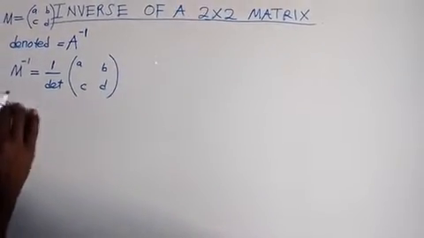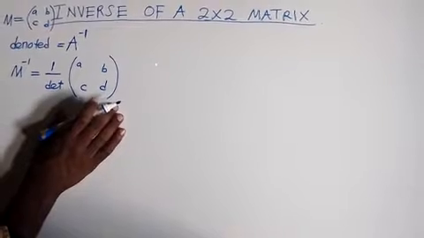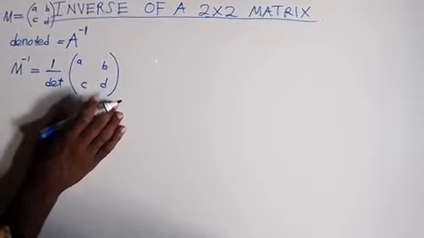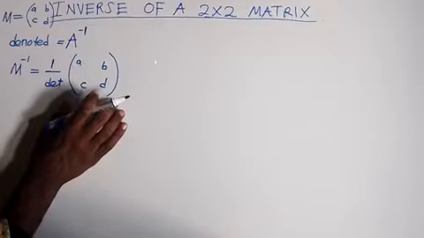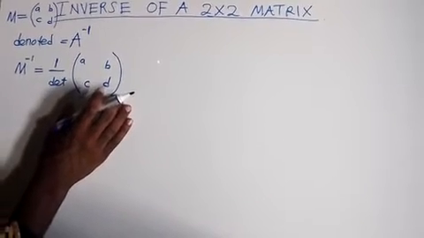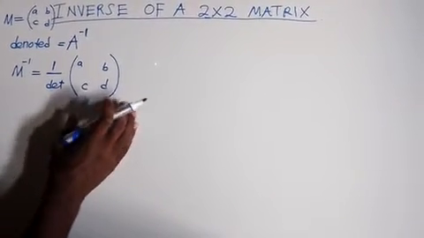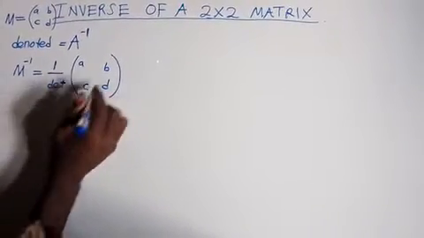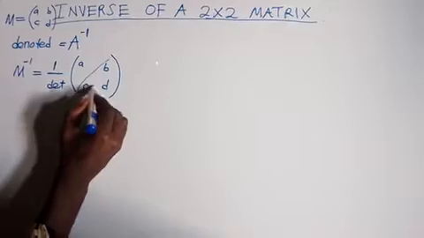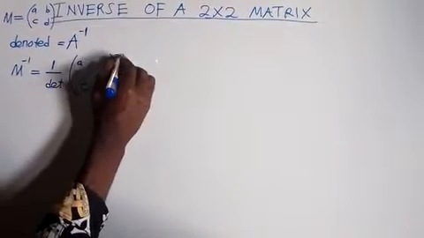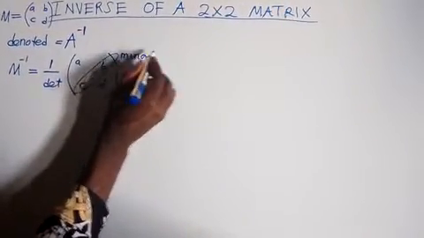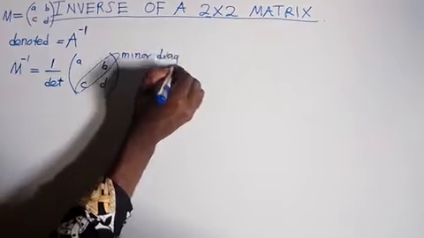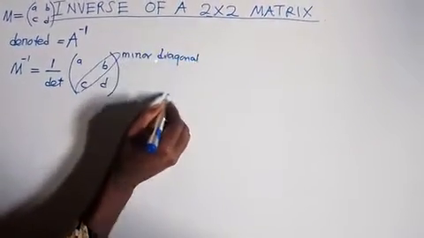Before I proceed on this, there are certain things that you need to understand. Whenever you are talking about a 2 by 2 matrix, you need to know what a major diagonal is and what a minor diagonal is. Numbers which are arranged in this manner, this is called the minor diagonal.